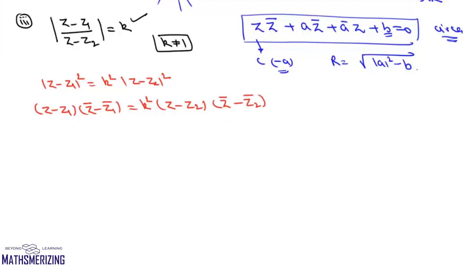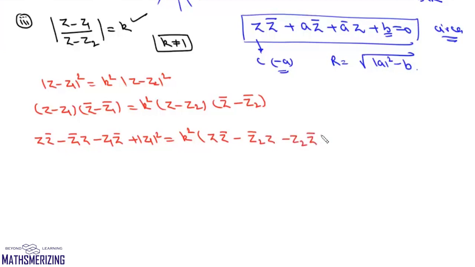Now we multiply it, we'll write z z bar minus z1 bar z minus z1 z bar plus mod of z1 square, and it will be equal to k square [z z bar minus z2 bar z minus z2 z bar plus mod of z2 square].